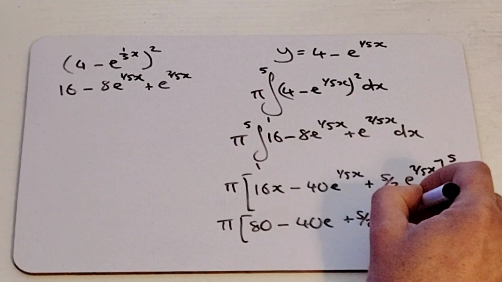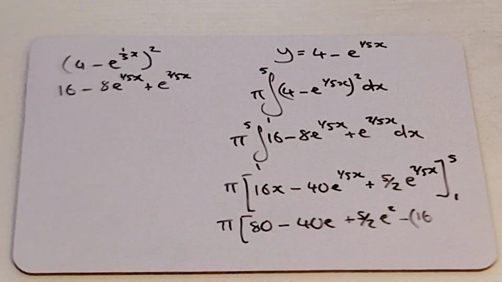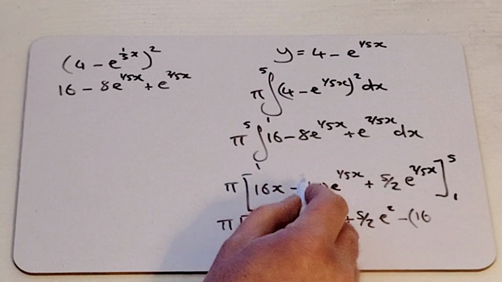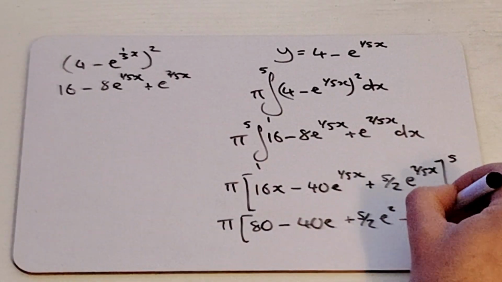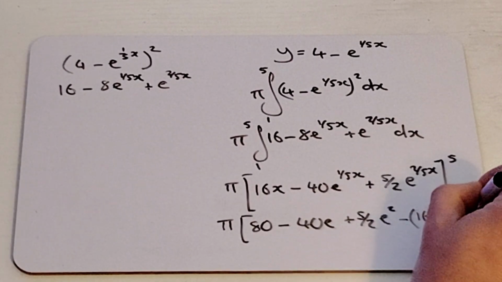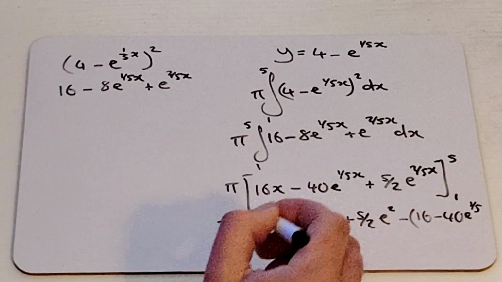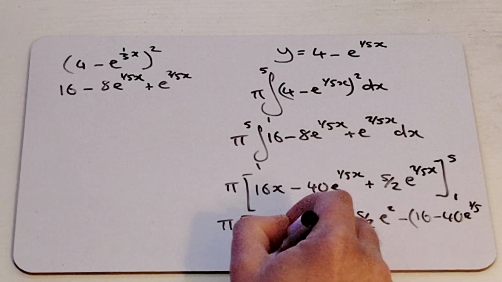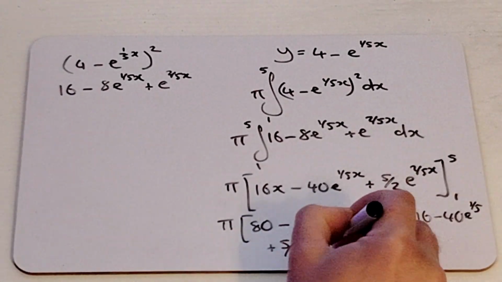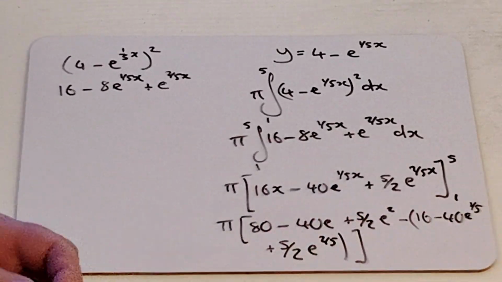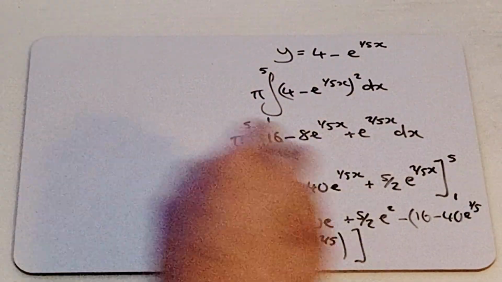So subtract, in small brackets, 16. That becomes minus 40e to the 1/5, and this becomes plus 5 over 2 e to the 2/5. We shut all our brackets and move up here to tidy things up a little bit.